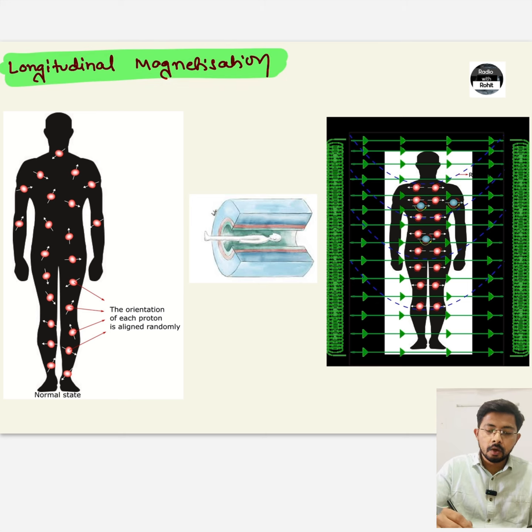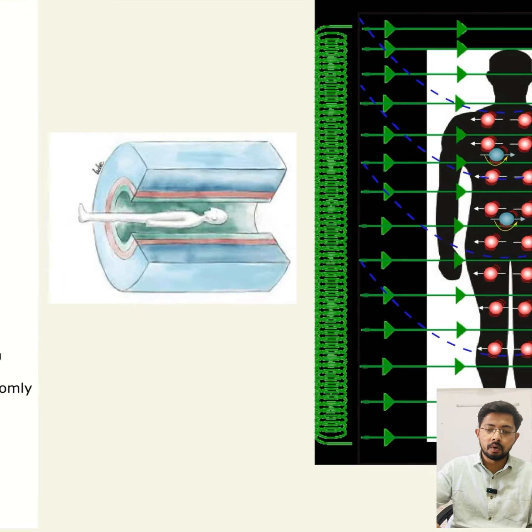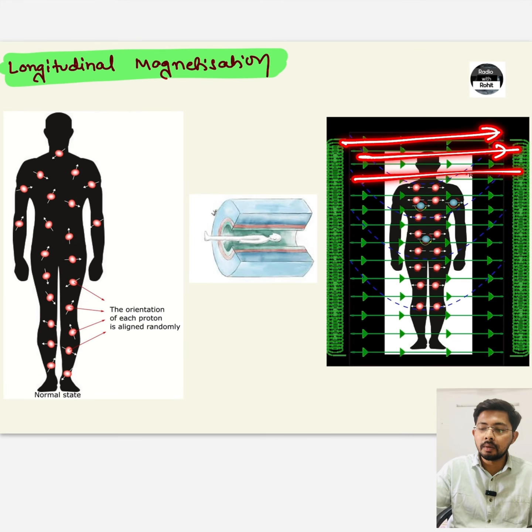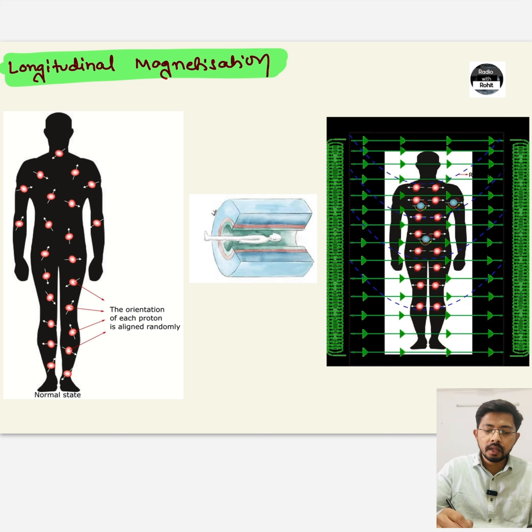Longitudinal magnetization: when a normal person is there, the protons move in random positions. But as soon as we put the patient in the magnetic machine, a longitudinal magnetic field will be there on the patient. This external magnetic field will align all the randomly moving protons into parallel lines.